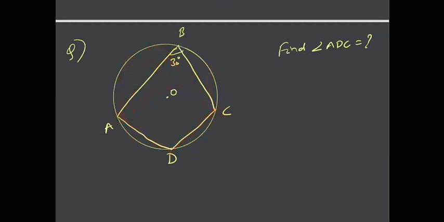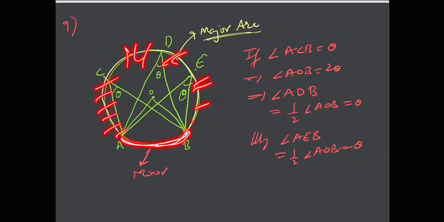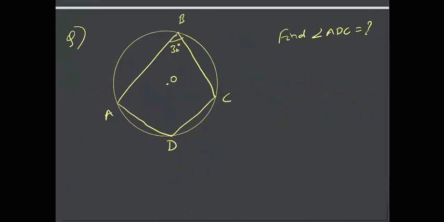Okay, because what we have learned is this arc AB subtends theta at all the remaining portions. I mean, except the arc AB, if you take any point, then at all these points the angle would be theta. But not at any point on the arc AB. This angle would not be theta. So angle ADC is not 30 degrees.